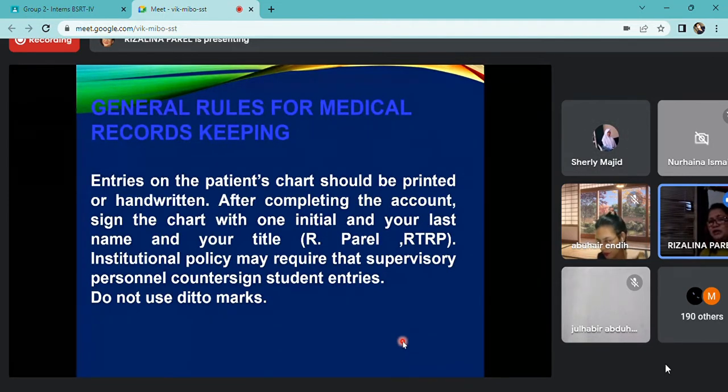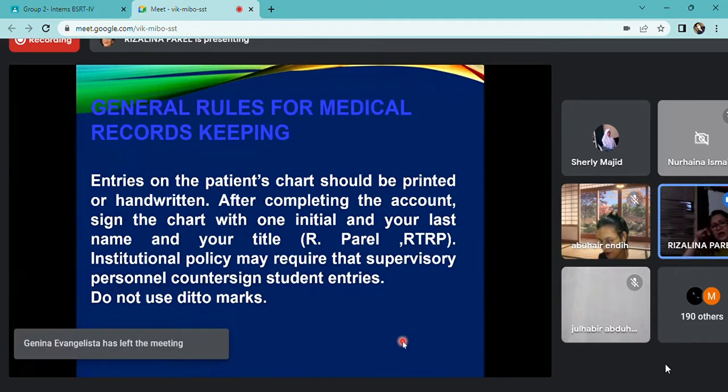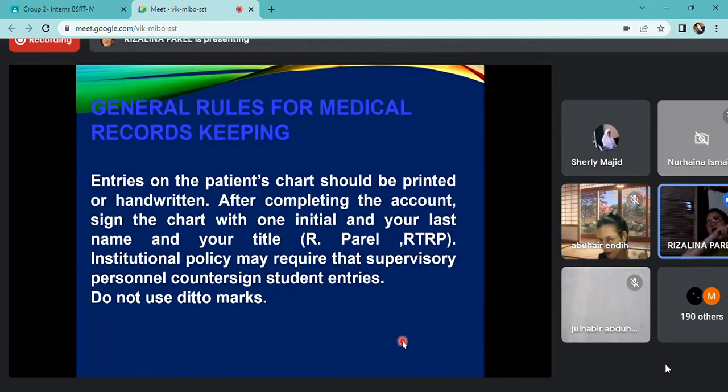Do not use ditto marks. When we say ditto marks, ito yung may ganon, yung meron dalawang kuntil. After ka magsulat, tapos sabi mo, ditto. Ibig sabihin, that indicates repetition of the above statement or something. Hindi pwede yon.